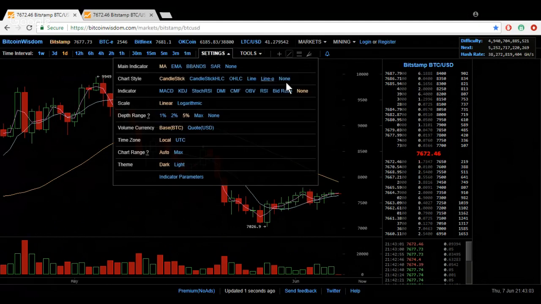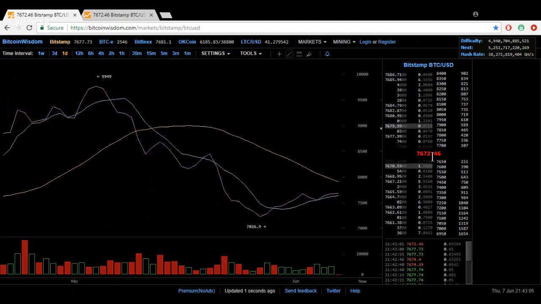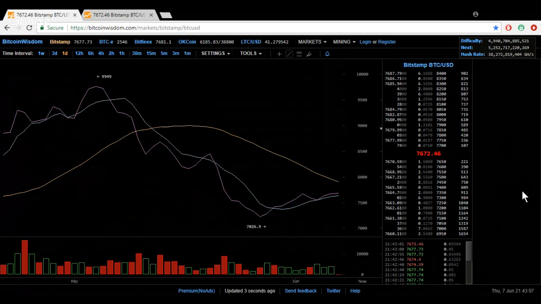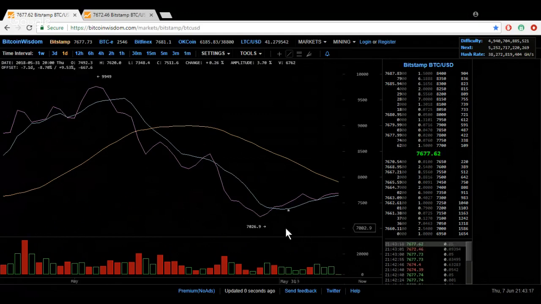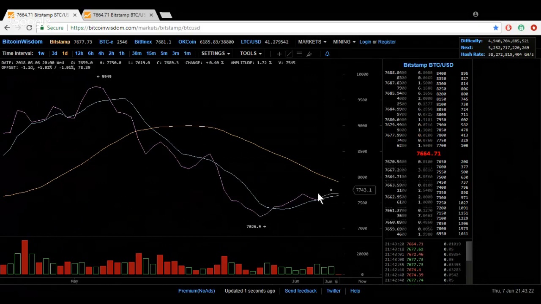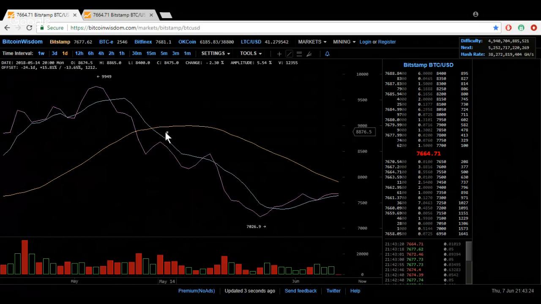Let's take the price away again so you can really see what's happening with the overall momentum. And the overall momentum is down. There's just no way to argue that. We do have a bounce in the intermediate and the shorter term one, but that is below a declining long-term average.